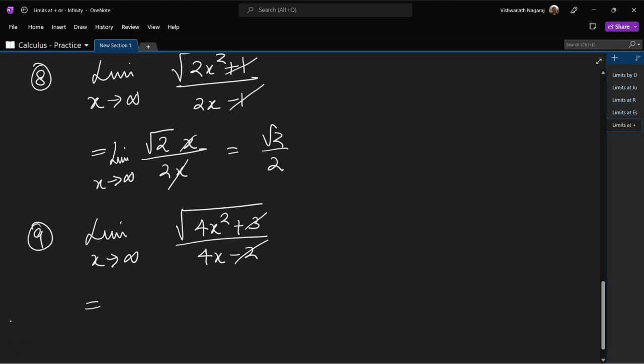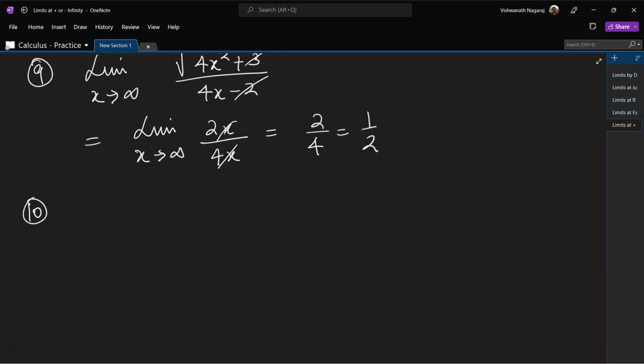This has no impact on this term. 4 and 2. No, let's keep 4. So now what happens? This becomes limit as x approaches infinity of 2x by 4x. X cancels, which means we end up with 2 by 4, which is 1 by 2.